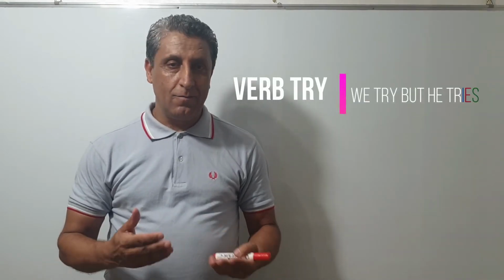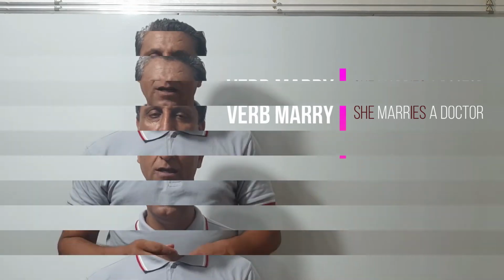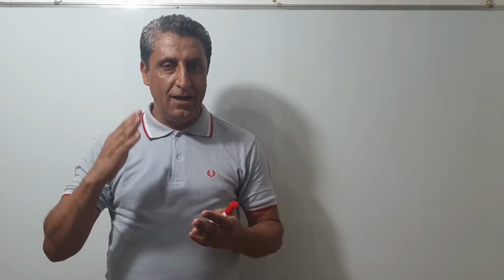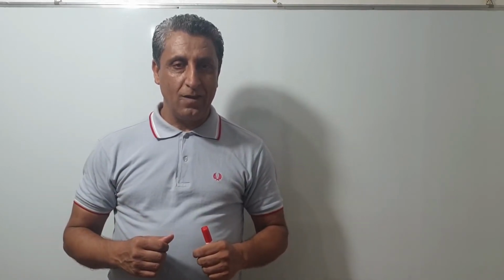Or the verb try: he tries. The verb marry: she marries. So we have to take into consideration this little change of spelling. Generally we add S, but if the verb ends in Y, we omit Y and add IES. This is spelling change 1.